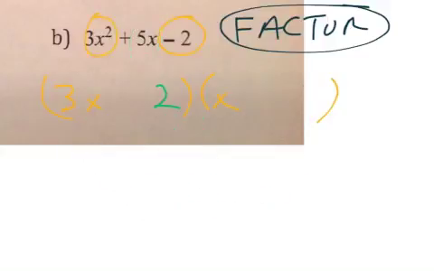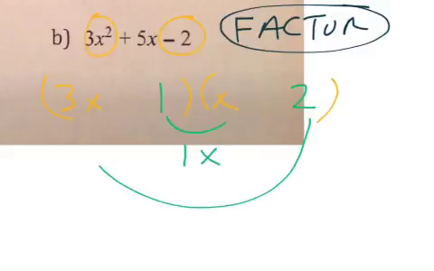Well, let's backtrack here. And instead of 2 times 1, let's try 1 times 2. Notice here I get a 1x. Here, 2 times 3 is 6x. Can I get this 5x in the middle? Again, yes. If I do a plus 6 minus 1, I get 5.